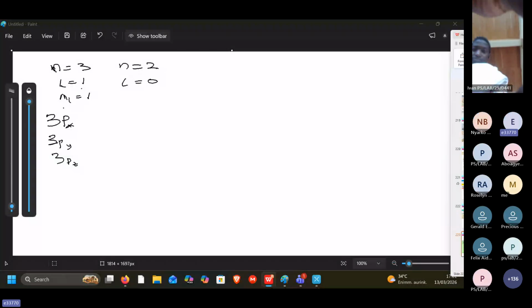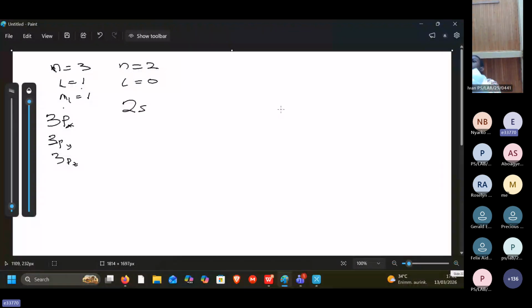Okay. So basically, once we know the energy level, that energy level can give us an idea how many allowed orbitals should be available in that energy level. We can even calculate the total number in each energy level.